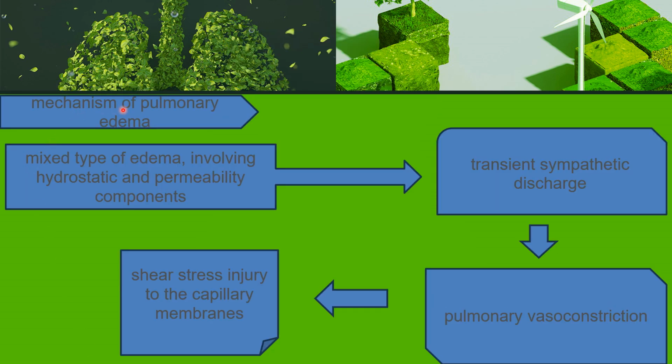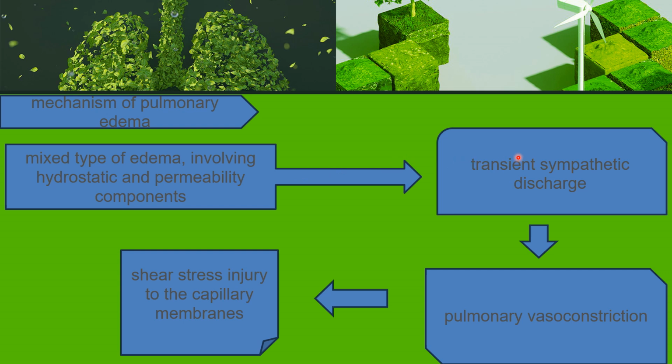So what is the mechanism? It is a mixed type of pulmonary edema involving both hydrostatic and permeability components. We discussed before cardiogenic pulmonary edema, which is hydrostatic pressure edema, and ARDS, which is permeability edema. This type has both components, hydrostatic and capillary permeability.